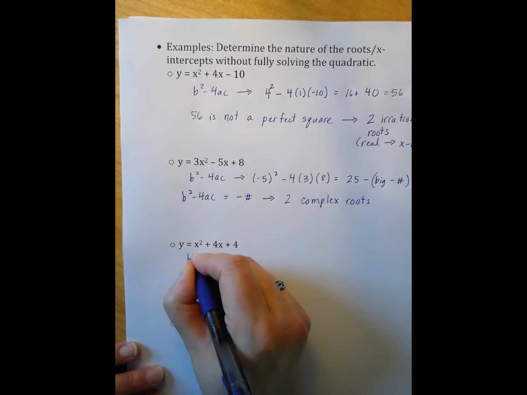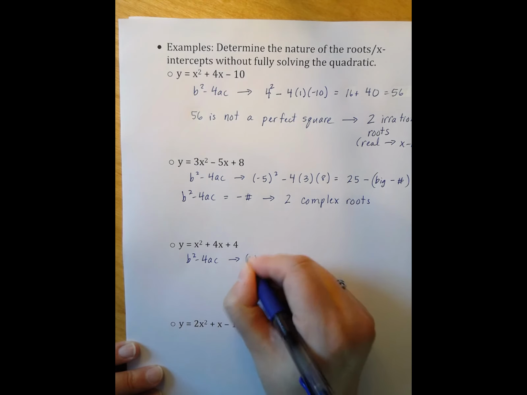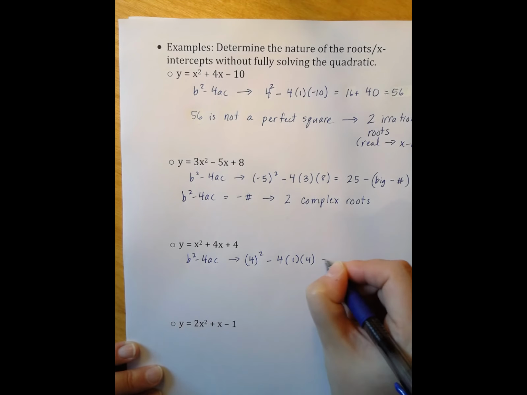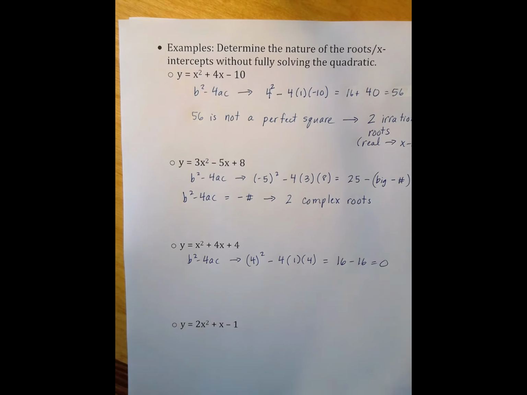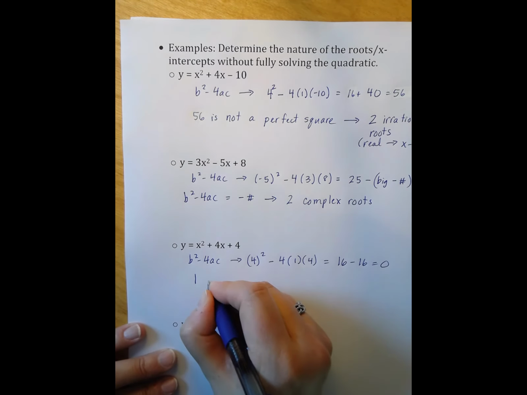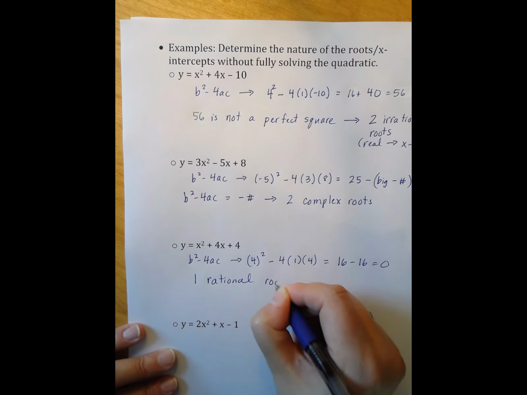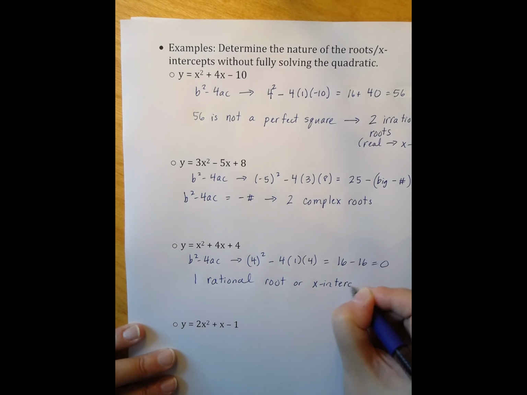Next example, b squared minus 4ac is 16 minus 16 equals 0. Because 0 means that the whole b squared minus 4ac part disappears, that means that I end up with one rational root or x-intercept.